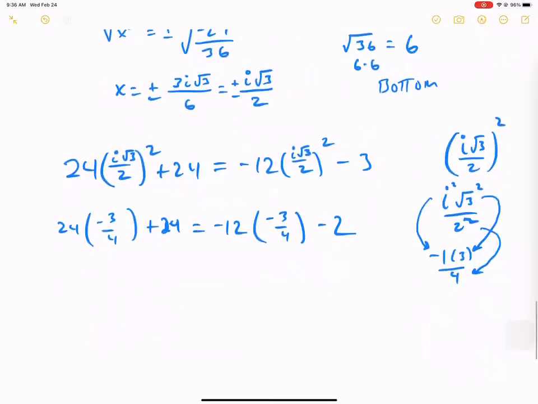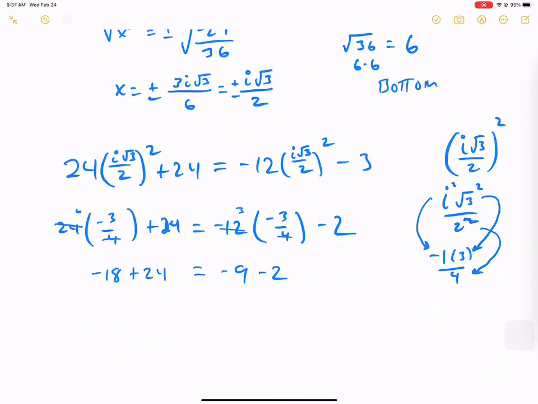Checking it isn't actually going to be that hard, because 24 divided by 4 gives me 6. And 6 times negative 3 is negative 18 plus 24. On the right side, 12 divided by 4 is 3. 3 times 3 is 9, so that's going to be negative 9 minus 3.